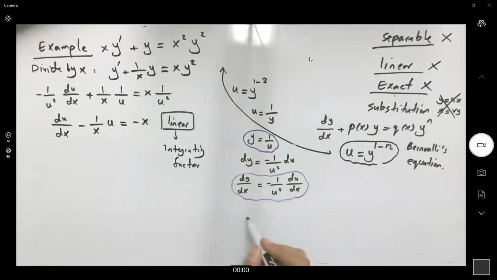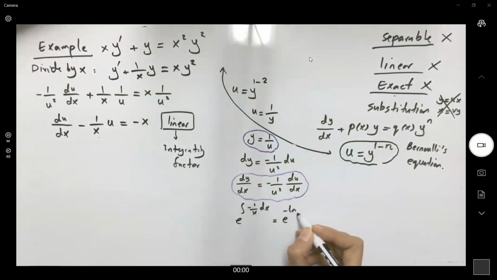The integrating factor is e to the integral of negative 1 over x dx, which becomes e to the negative ln of the absolute value of x, or if you just move this exponent, you get 1 over x. If we assume x is positive, you can get rid of the absolute value.